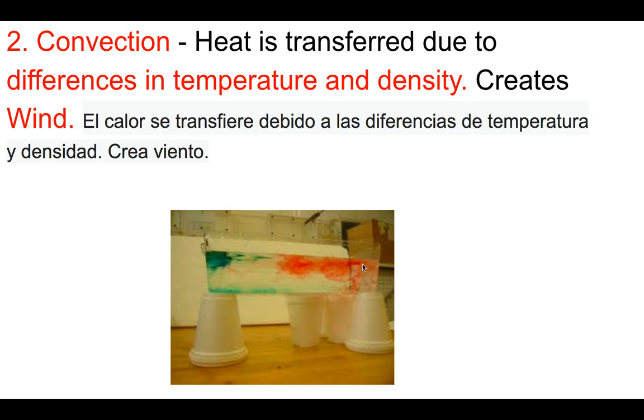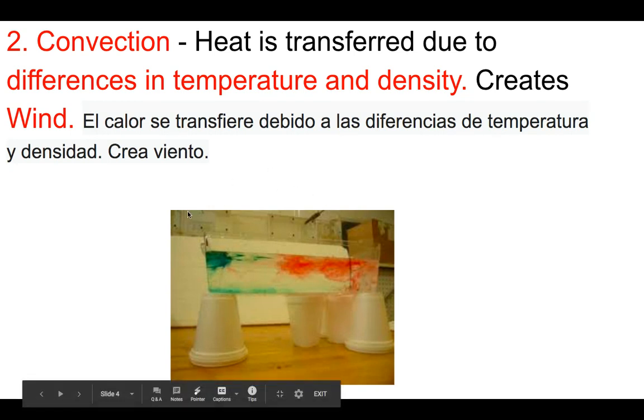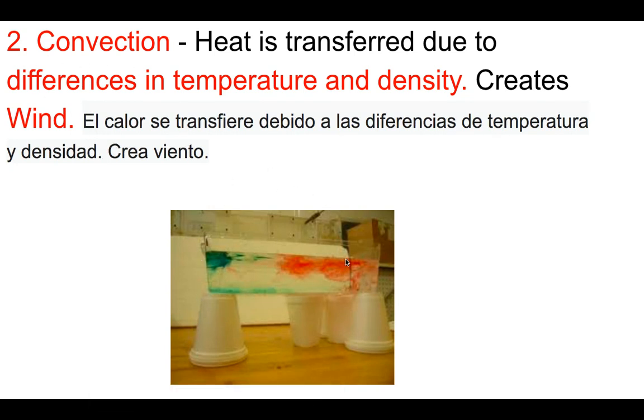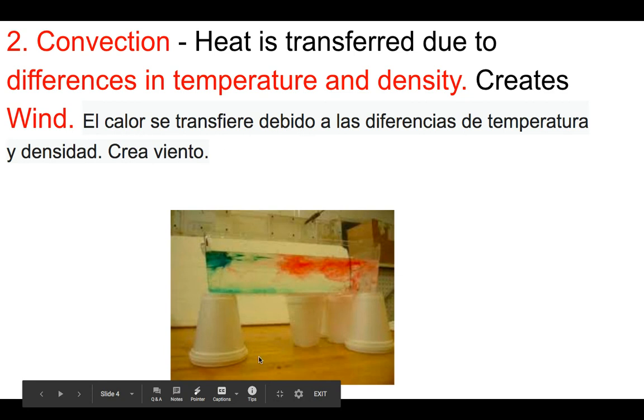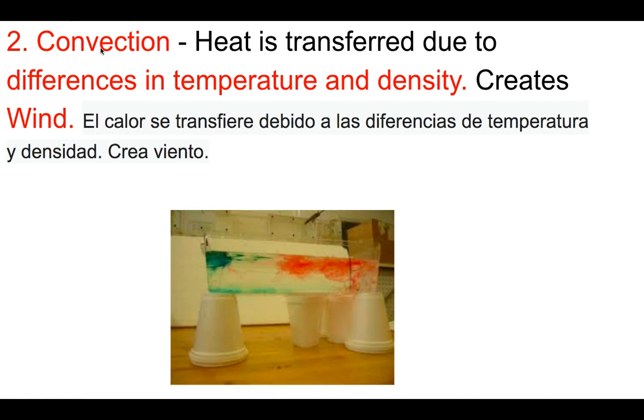Then at the surface, this water cools down, becomes more dense, sinks, heats up, becomes less dense, rises, cools down, becomes more dense, sinks, and then this process just continues in a cycle. So convection currents happen in a cycle. Whenever you see that loop, it's an example of convection. Heat is transferred due to differences in temperature, and wherever you have differences in temperature, there's a difference in density.